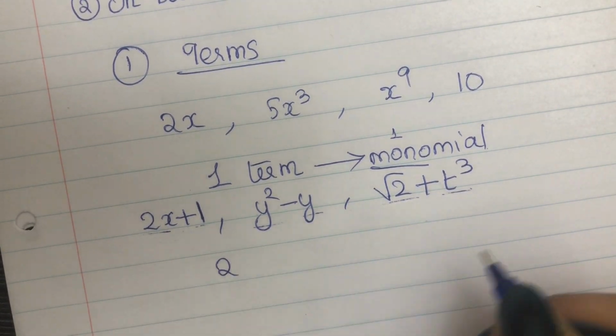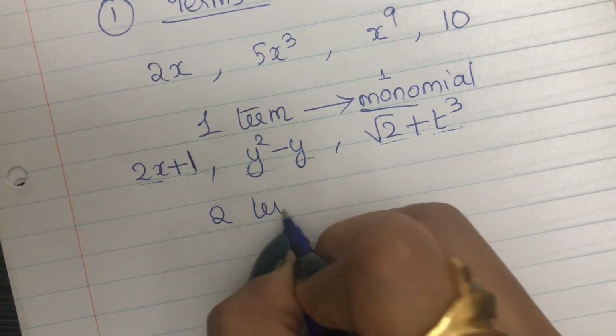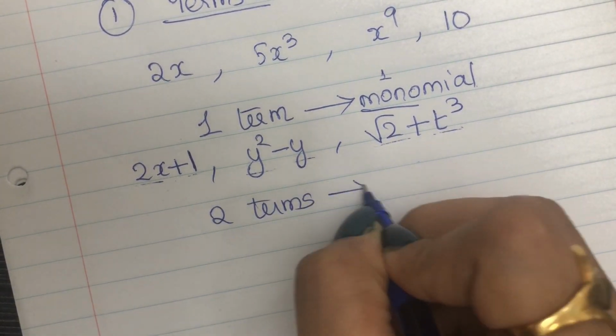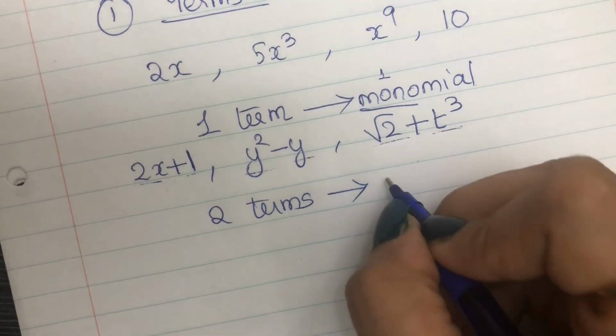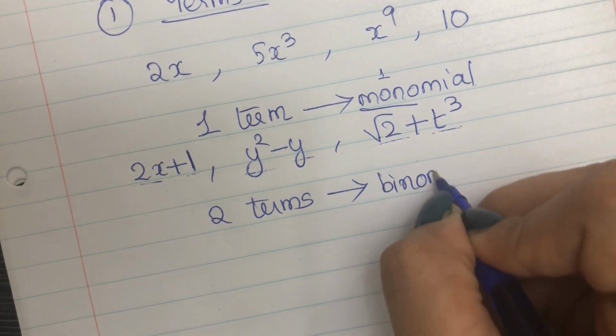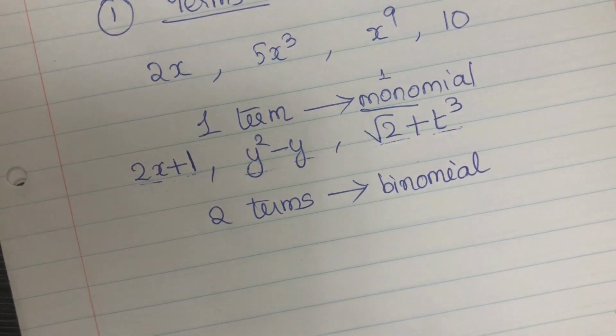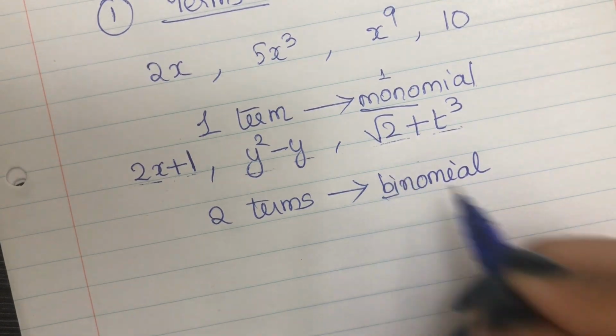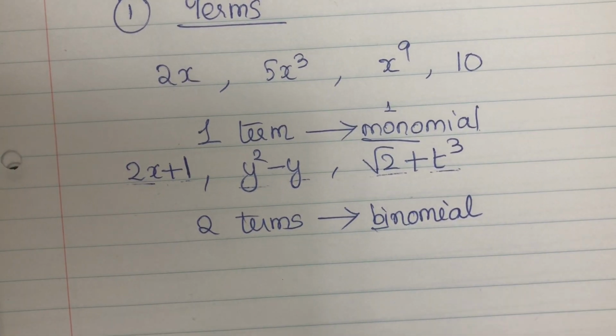So a polynomial having two terms is known as binomial. Bi means 2. So a polynomial having one term is called monomial and a polynomial having two terms is called binomial.